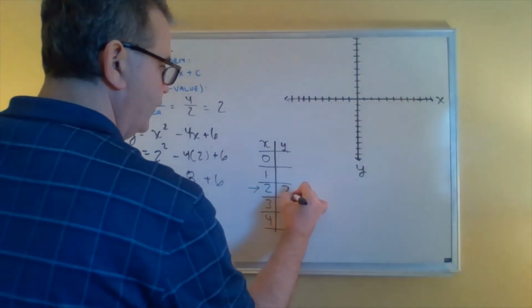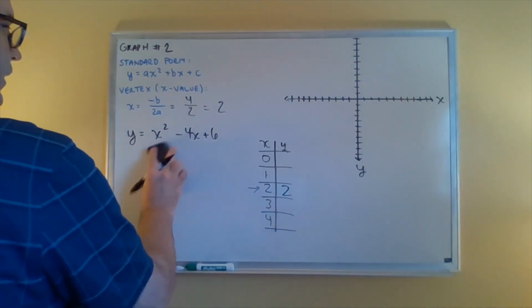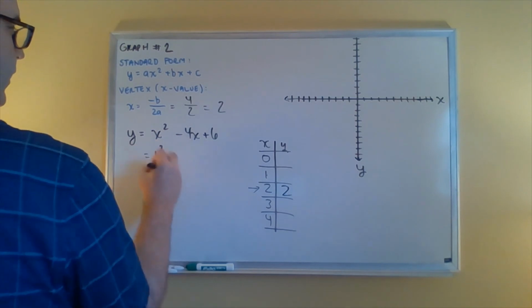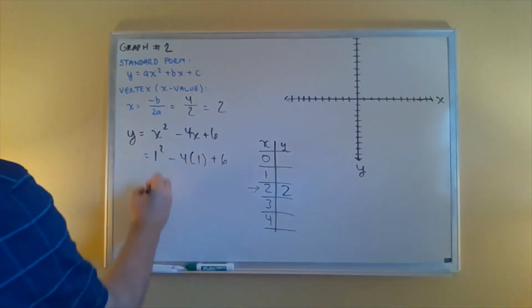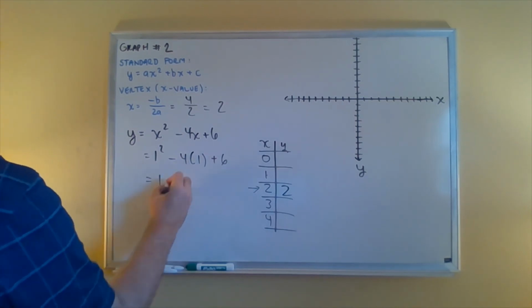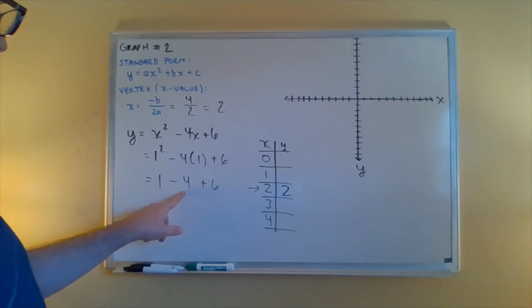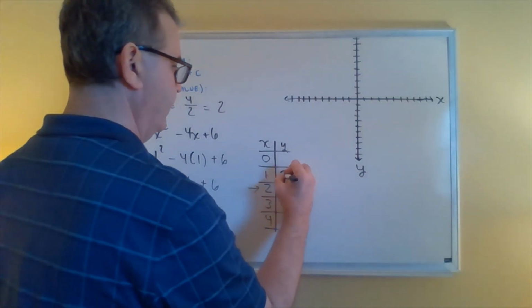So when x is 2, y is also 2. Now we're going to plug in 1. So I'm going to have 1 squared minus 4 times 1 plus 6. That'll be 1 minus 4 plus 6. So 1 minus 4 is a negative 3. Negative 3 plus 6 is a positive 3.